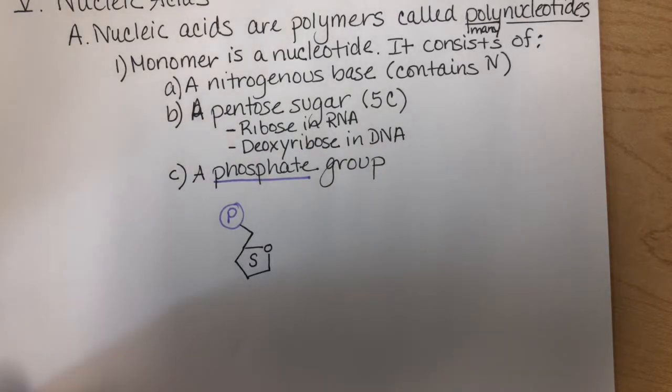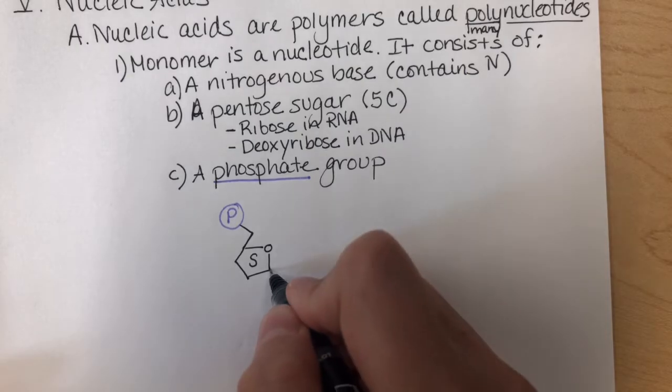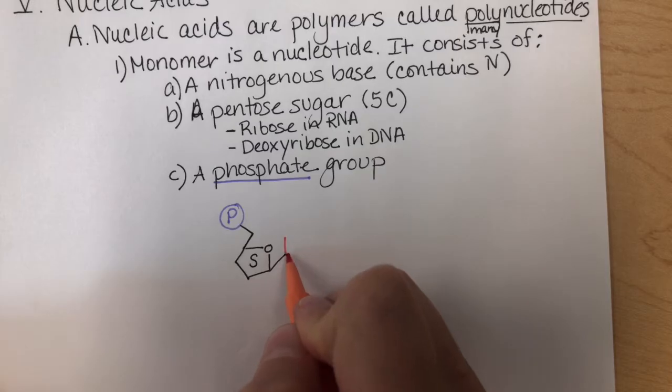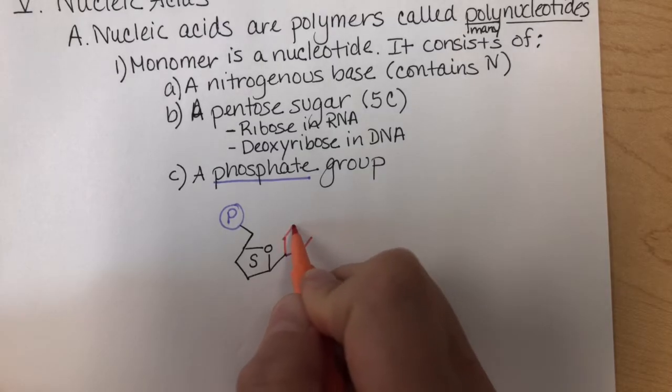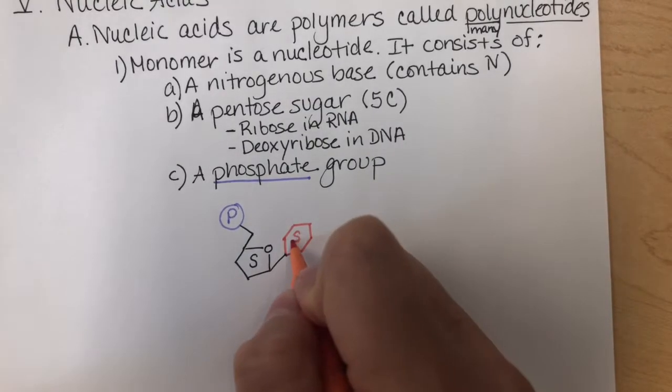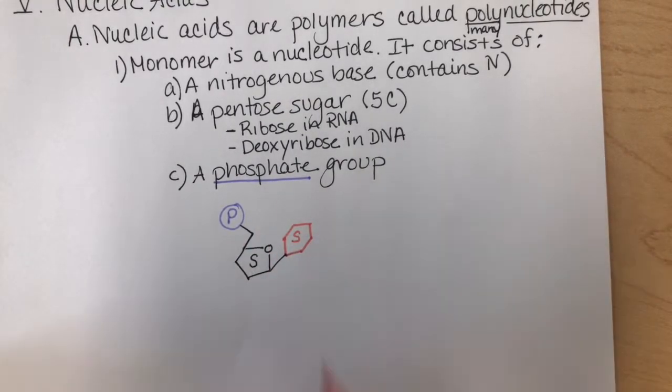And then let's do your base. Your base, it's gonna come out here. And let's say your base, let's do your base in orange. All right, so let's say it's like this. All right, hexagon there, and that's your sugar. Phosphate, sugar, base.